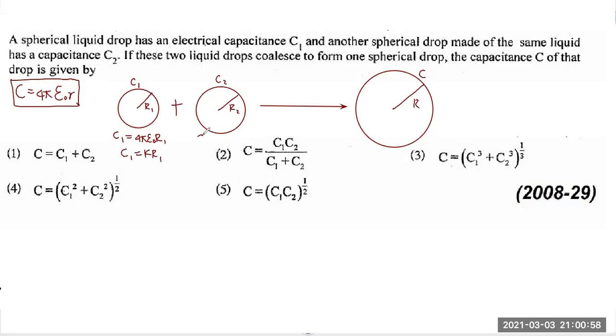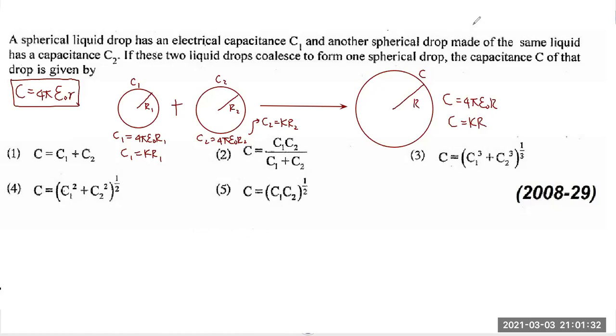C2 is equal to 4 pi epsilon naught R2, therefore C2 is equal to K R2. Similarly, C is equal to 4 pi epsilon naught R, which is K R. If I can find a value for R in terms of R1 and R2, that way I can introduce C1 and C2 and get the final answer.